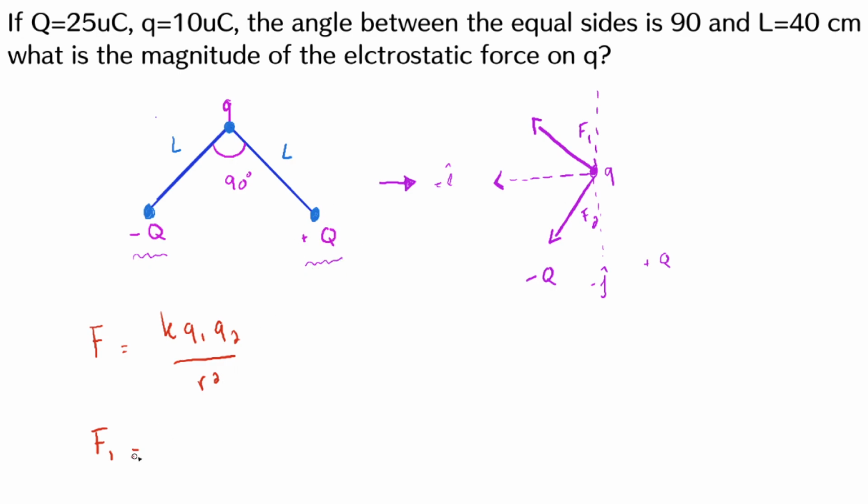So we have k, Coulomb's constant, times 25 microcoulombs, which is this charge, multiplied by the charge it's affecting, little q, times 10 microcoulombs, divided by L squared, because that's our length, which we know from up here is 40 centimeters. 40 centimeters in meters is 0.4, squared.